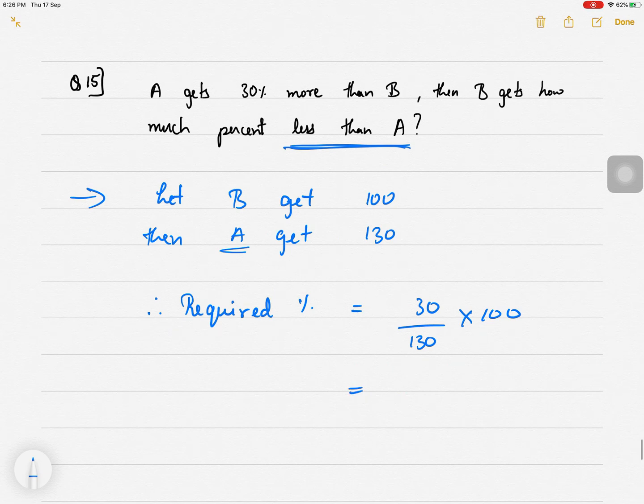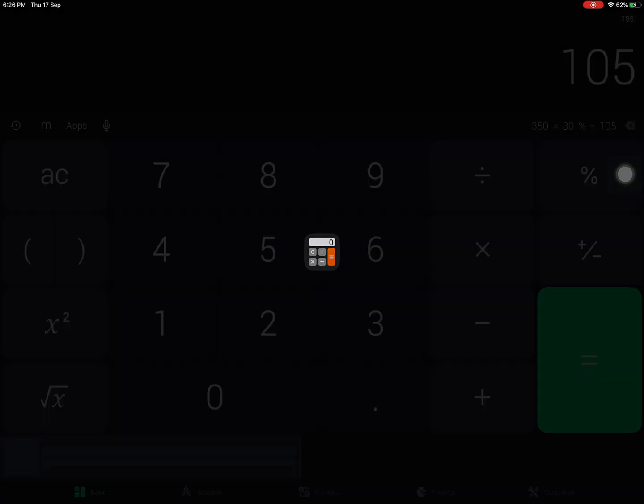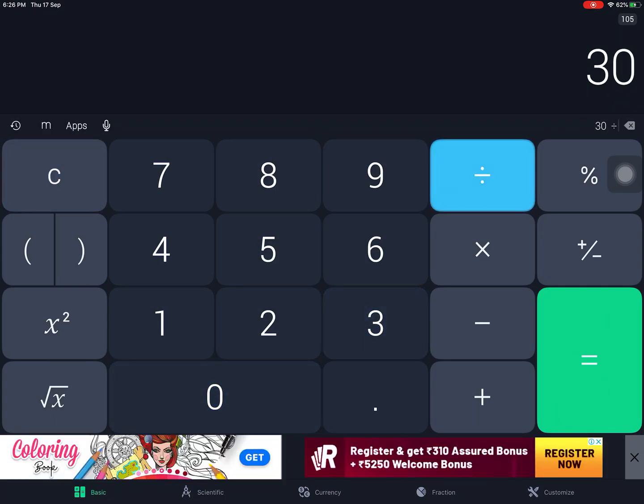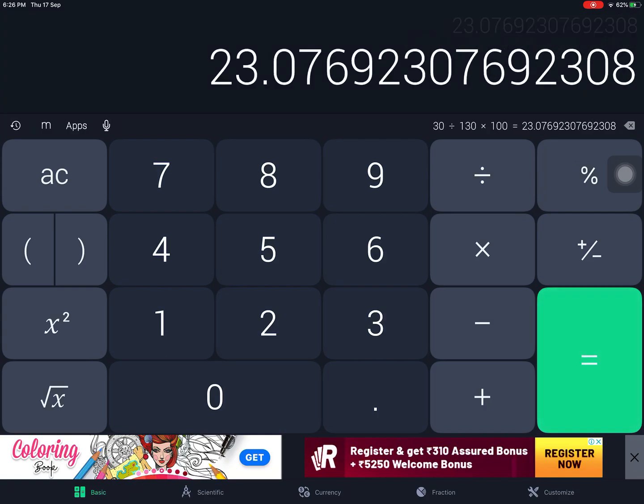So when you do 30 upon 130 into 100, 30 divided by 130 into 100, it will come to 23.0769. So 23.08 also I can write. 23.08%.